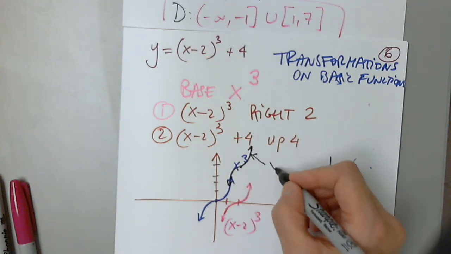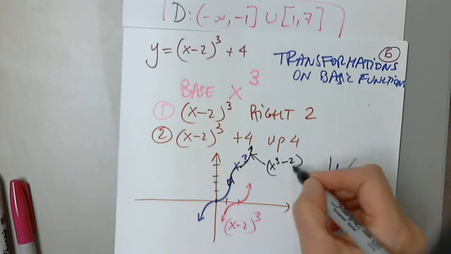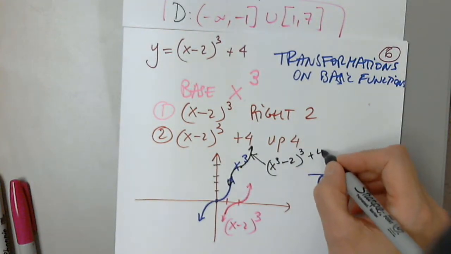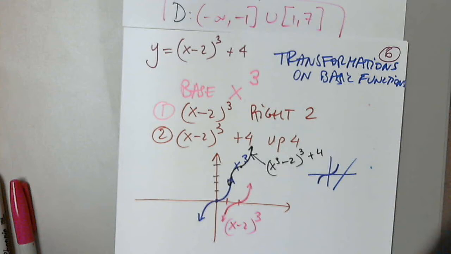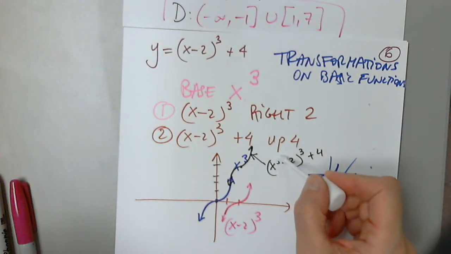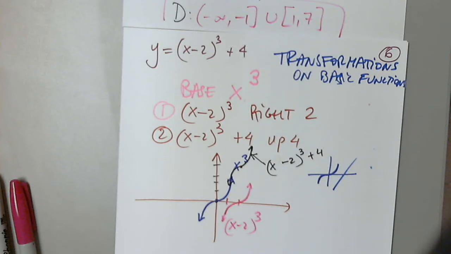So this graph is x minus 2 cubed, I'm so sorry, plus 4. We translated it. X minus 2 cubed plus 4. Now you can go in there, and if you want to select, because I guess you have to. Okay.